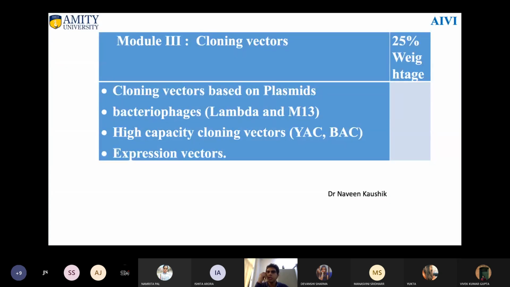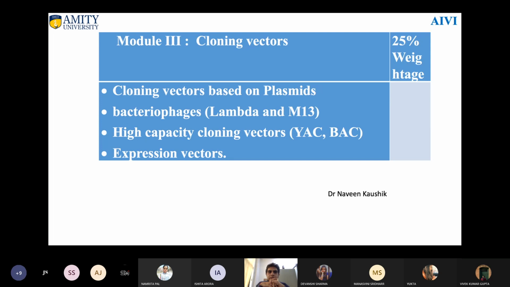The title of this module is cloning vectors, and its weightage is 25%. This means 25% by marks and 25% by lectures we have to spend on it. Out of 28 lectures, 25% is 7, so we are going to spend 7 lectures on cloning vectors, and we will talk in detail.